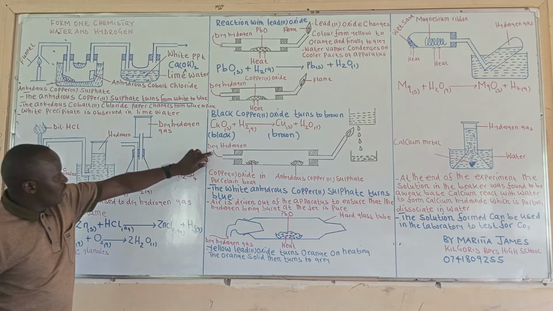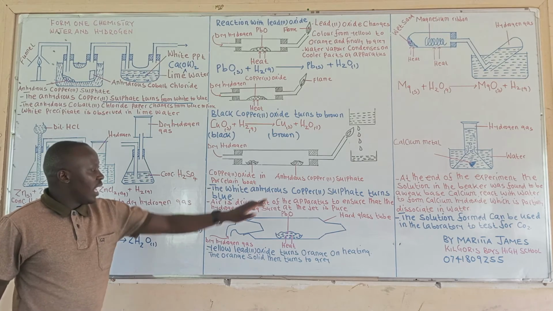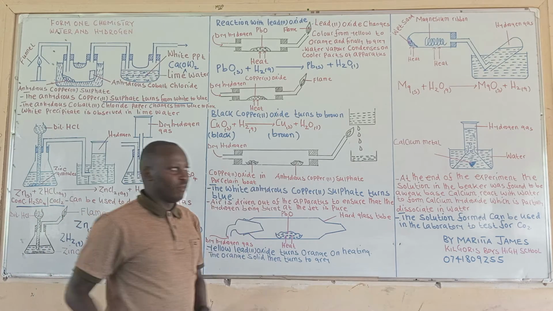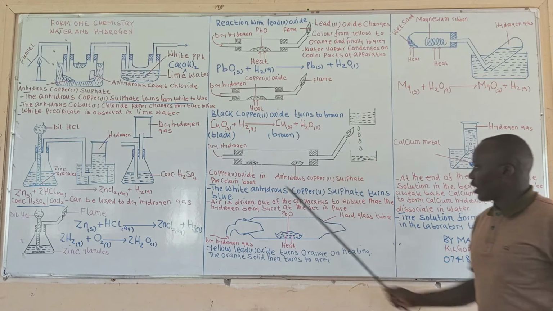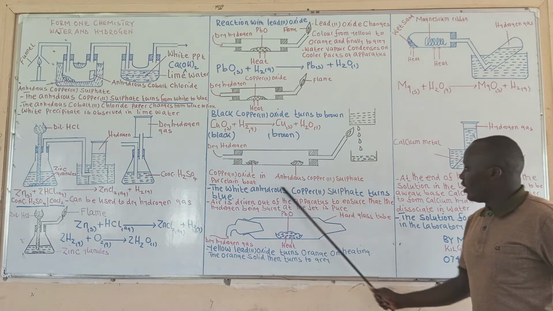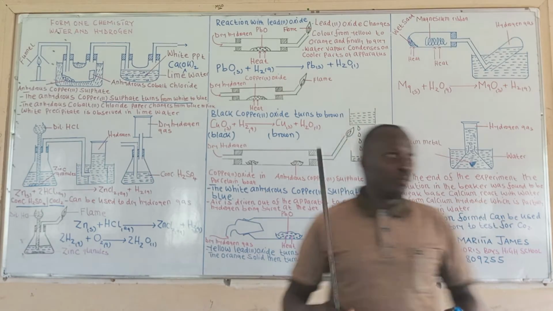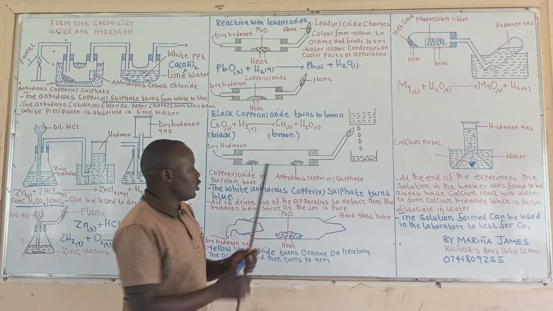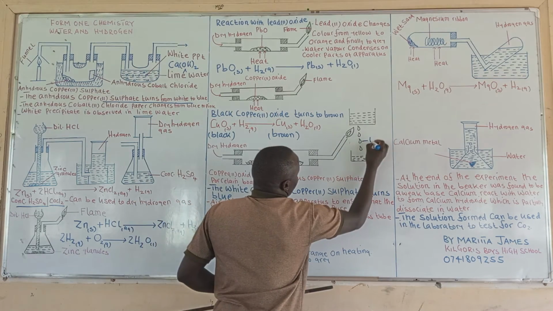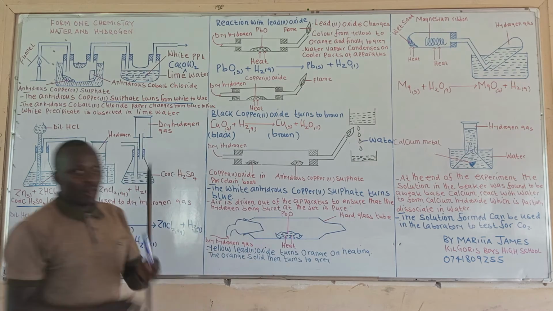We have here dry hydrogen gas, then we have copper oxide in a porcelain boat, and then we have anhydrous copper sulfate. Already we have carried out this experiment, we have already talked about this one. The purpose of this anhydrous copper sulfate is to confirm that the liquid produced is water. We have the colorless liquid produced here. Of course, this is the water produced here.